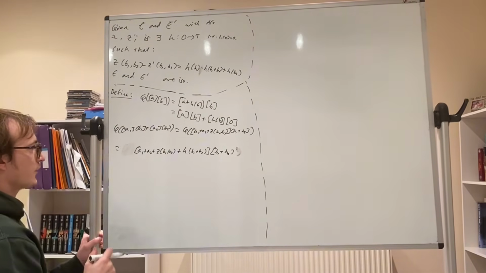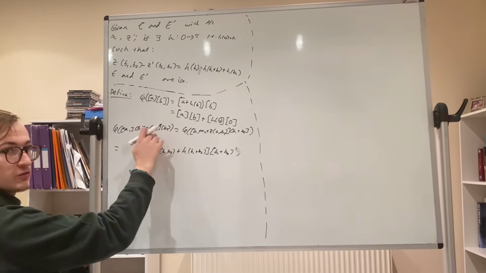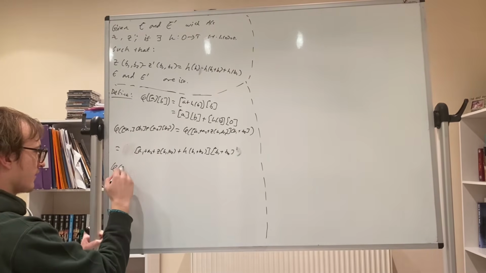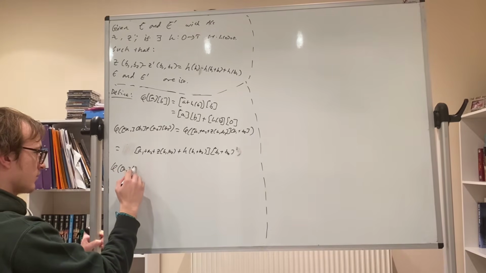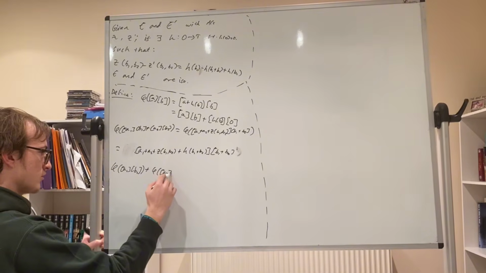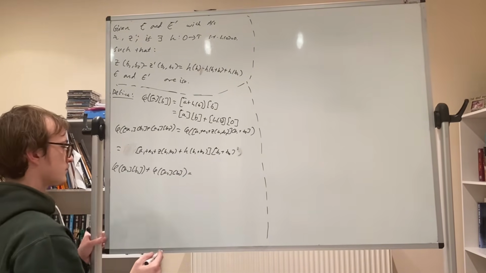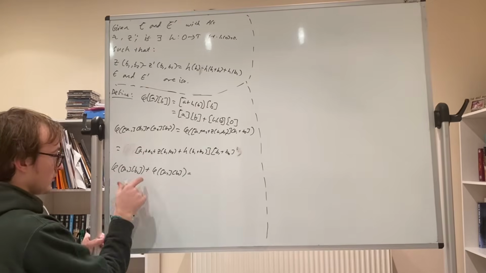Now, on the other hand, we need that this is equal to phi of (A1, B1) plus phi of (A2, B2). Well, what's this?